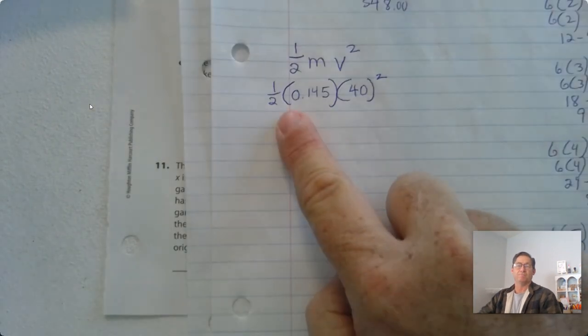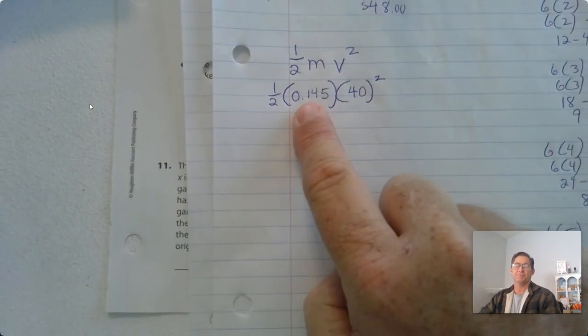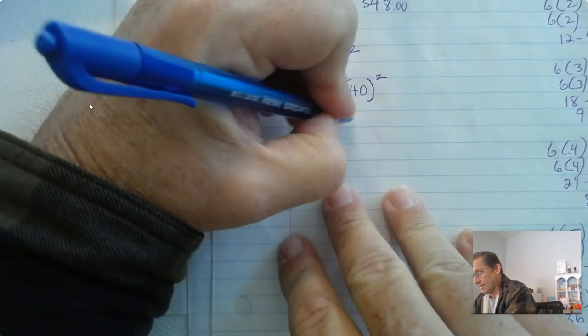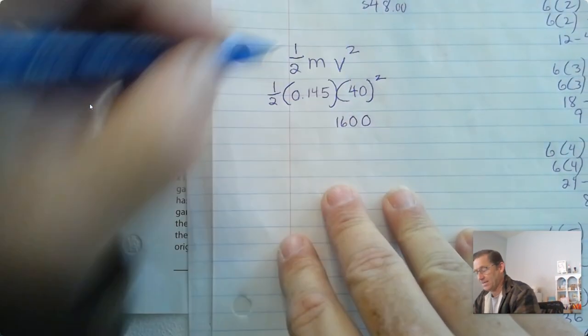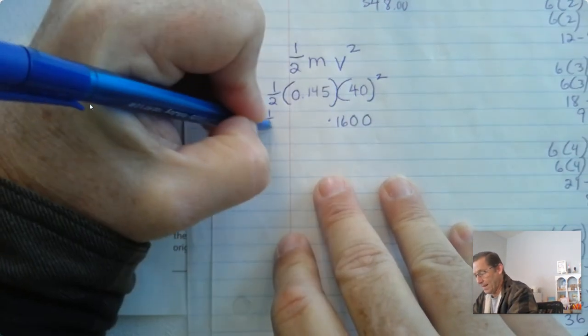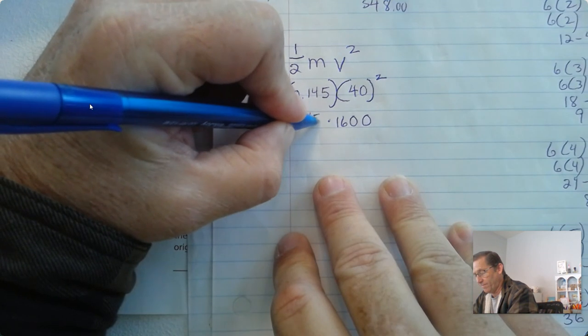So we have multiplication and exponents. So let's do the exponents first. So 40 times 40 is 1600 times 1/2, 0.145.